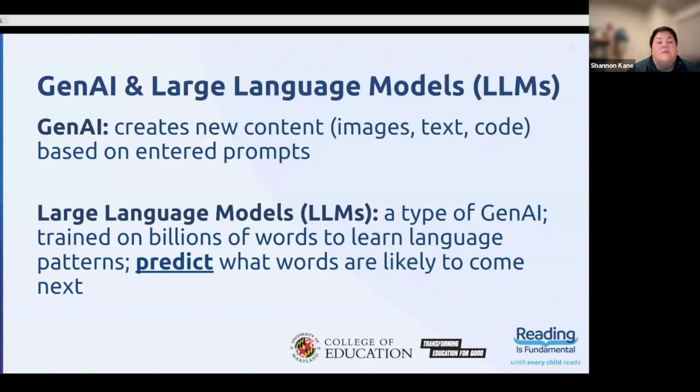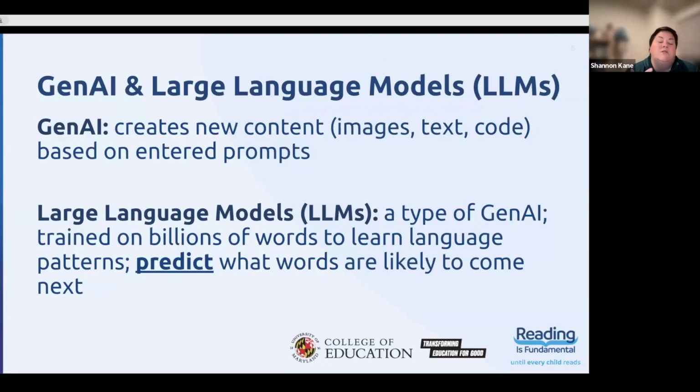And then when we think of large language models, or LLMs, this is a specific type of Gen AI. They are trained on billions of words to learn language patterns, and they predict the words that are going to come next, right? How sentences are structured, how ideas are created, all of that is based on the LLM studying language.